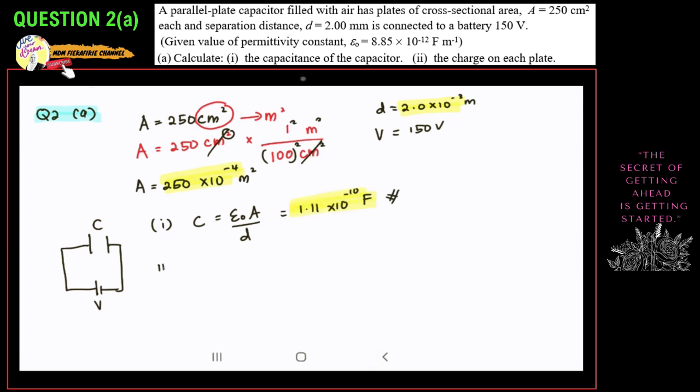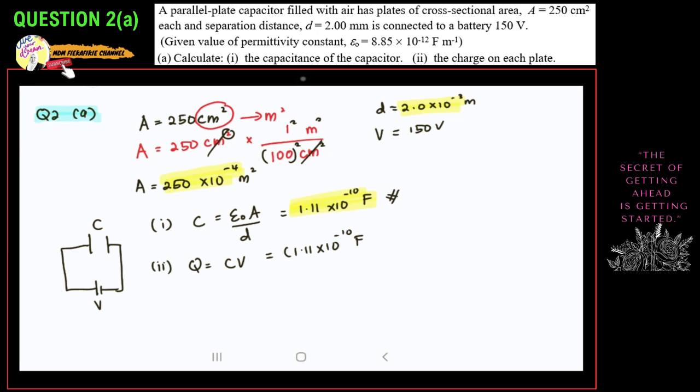And then the second part, A2, the question asks us to find the charge on each plate. This is very simple, where Q is equal to CV. So we have 1.11 exponent negative 10 farad.